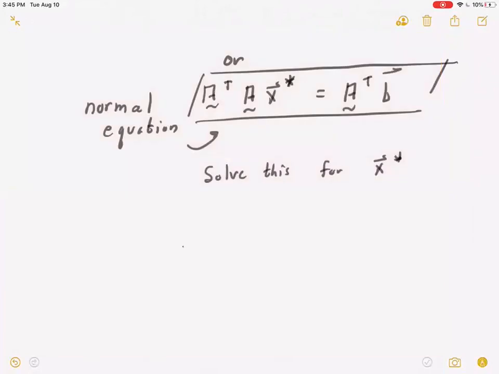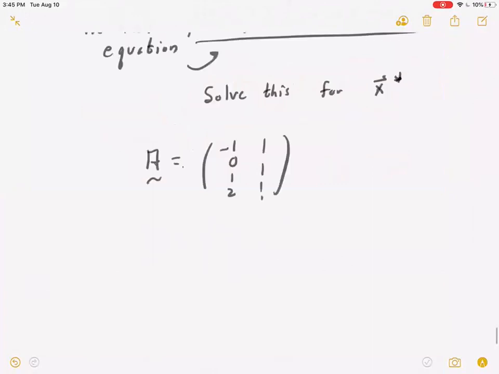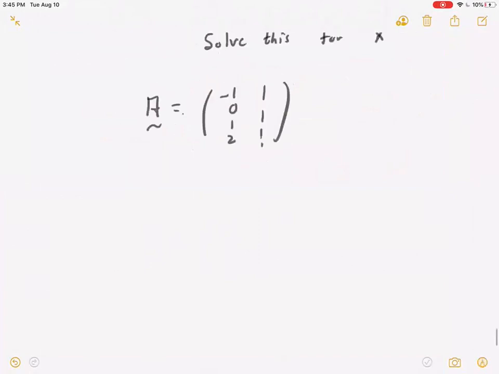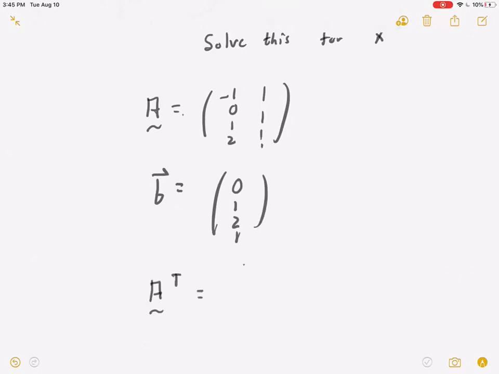To in fact prove. I need A, which I have. I need B, which I have. I need the transpose of A, which I can write down.